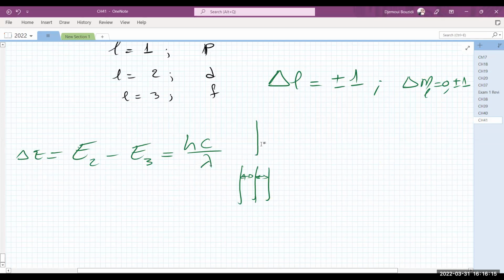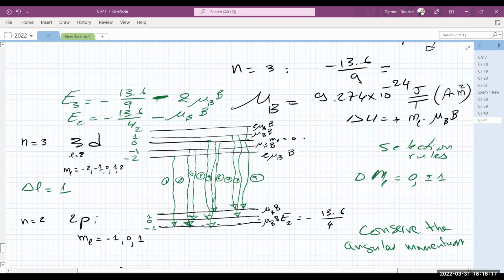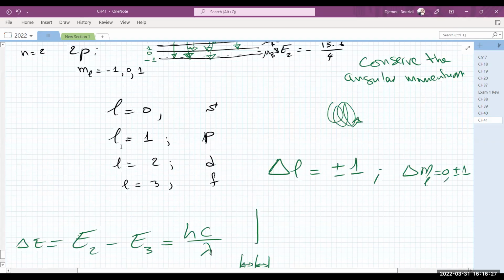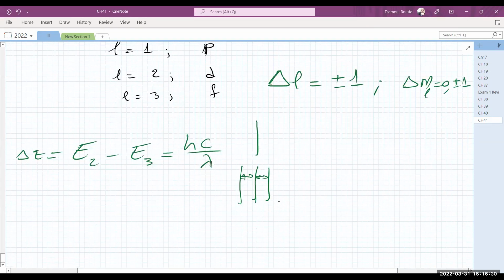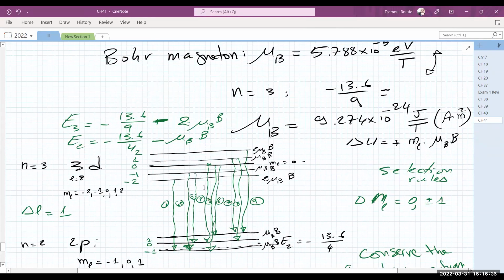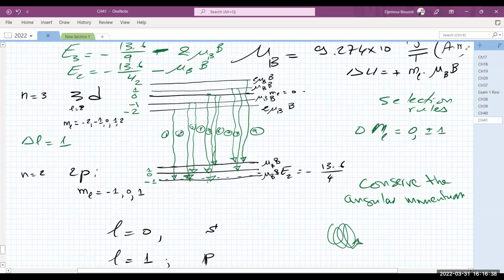Now, in the presence of the magnetic field, some of them will be shifted by plus mu b, and some of them will be shifted by negative mu b. Mu b times the magnetic field B, don't forget that. And at the end of the day, this difference will be slightly off, either to one side or the other, or sometimes it doesn't shift at all. Even in this calculation, it doesn't shift at all, as you can clearly see, for example, from the case of -1 and -1.